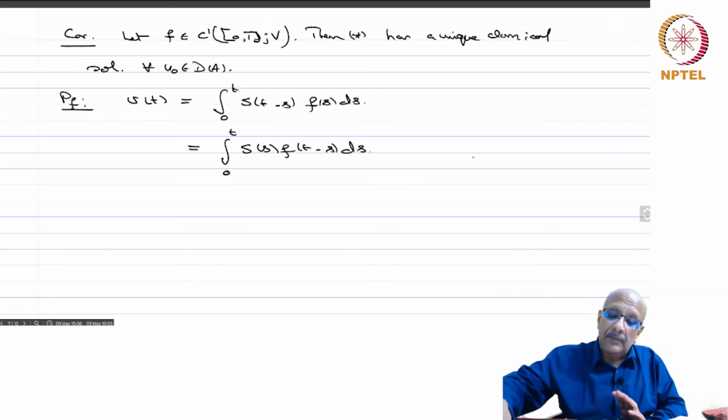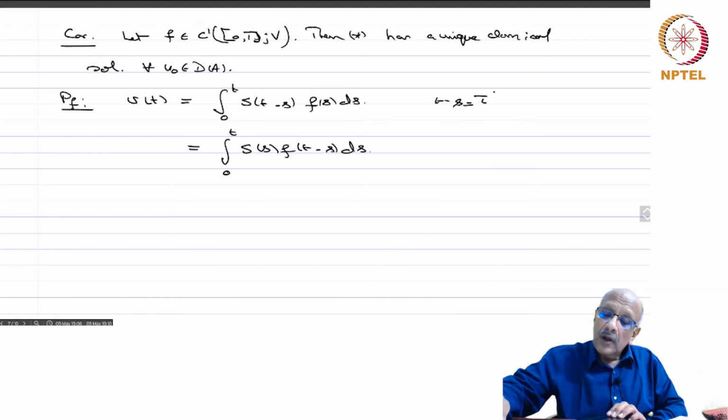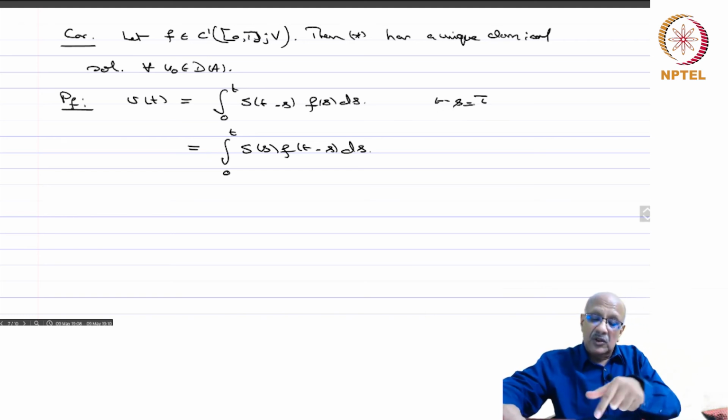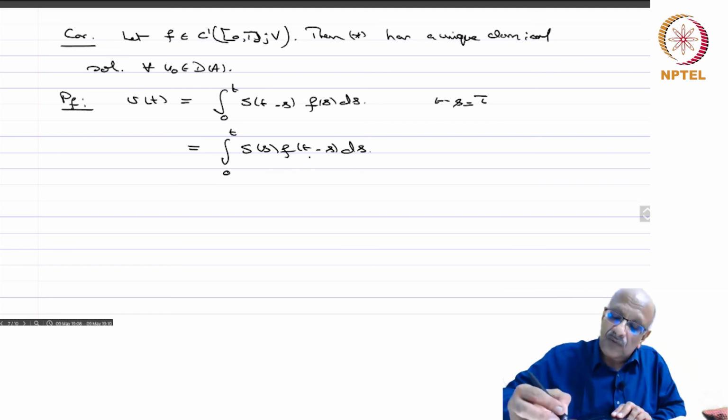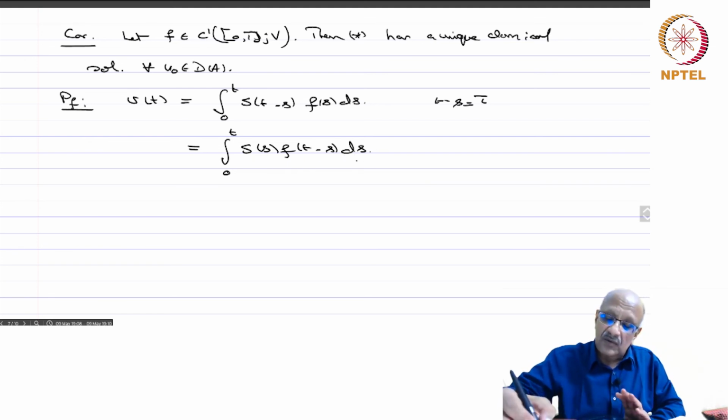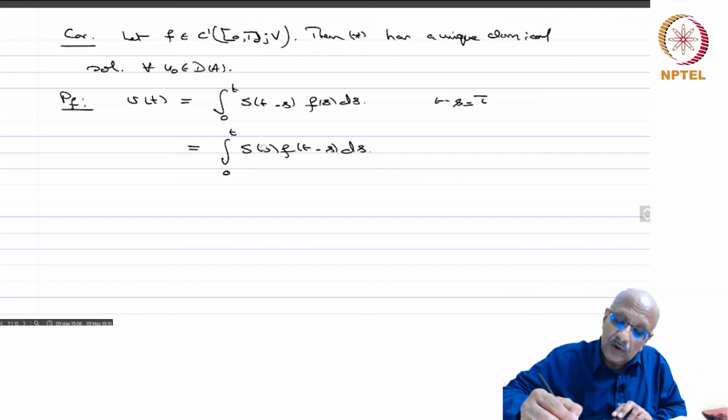Okay, I am going to put t minus s equal to tau, and therefore, s equals 0 gives you t, s equals t gives you 0, and the ds is minus, so the integral remains 0 to t, this becomes tau, s is equal to t minus tau, and therefore, I have this, okay. So, this is just a change of variable. If you do not like the s here, put a tau.